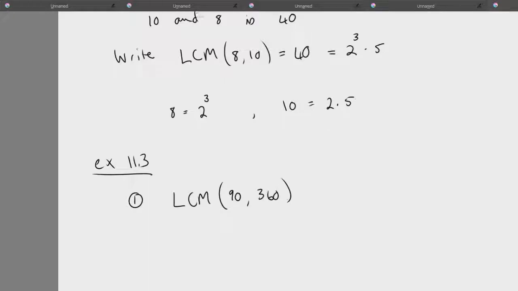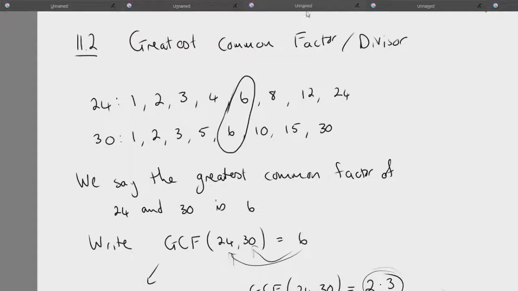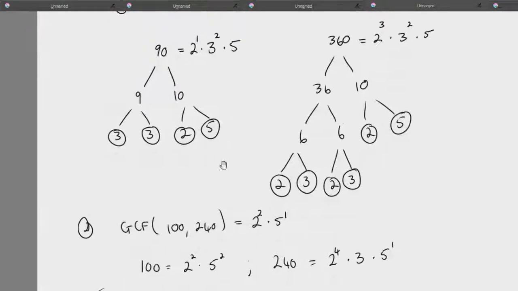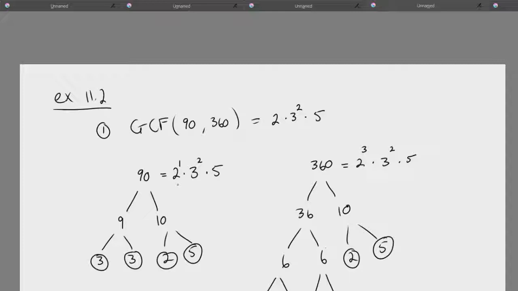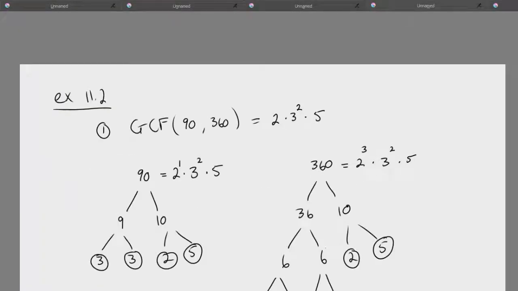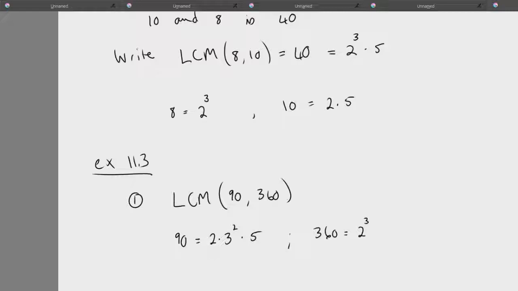Now, a lot of the work has been done for us because I already did the factors of these. 90 was 2, 3 squared, and 5. 360 was 2 cubed, 3 squared, 5.